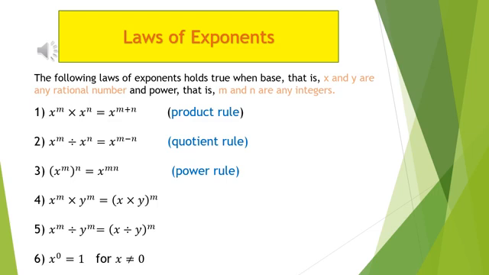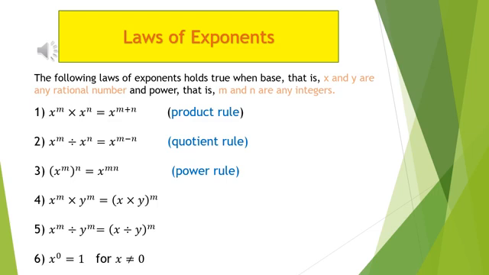So in your final conclusion, or in your right hand side, the powers of the number will be added and your base will remain the same. It means x raised to the power m multiply x raised to the power n will give you x raised to the power m plus n.